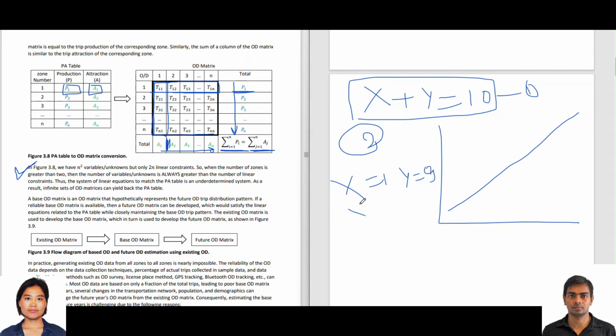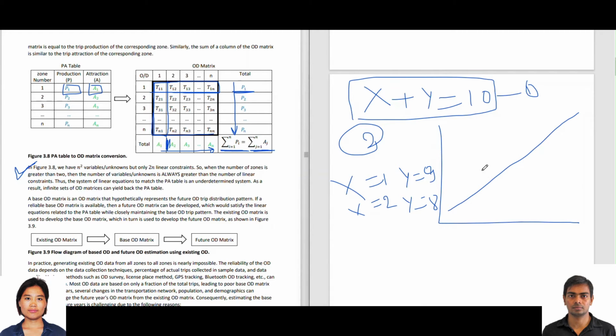Let's say I choose x to be 2, then y will become 8. So there are infinite solutions to a set of equations whenever the number of variables is greater than the number of equations, and these equations are linear equations.